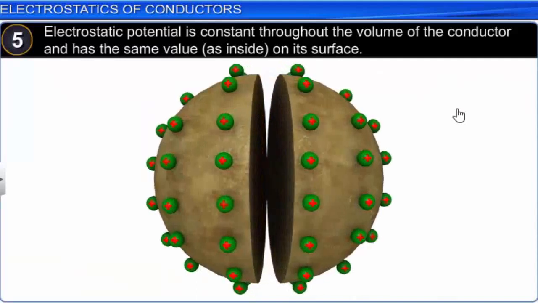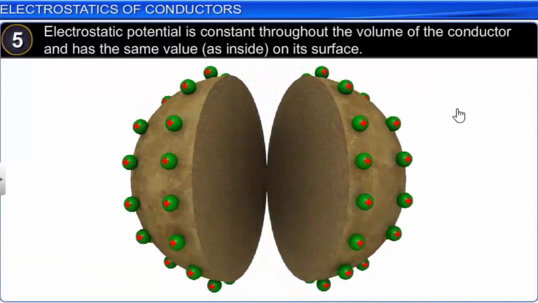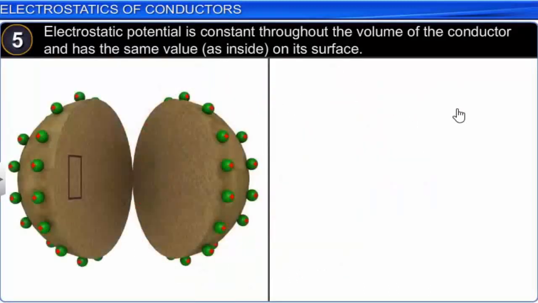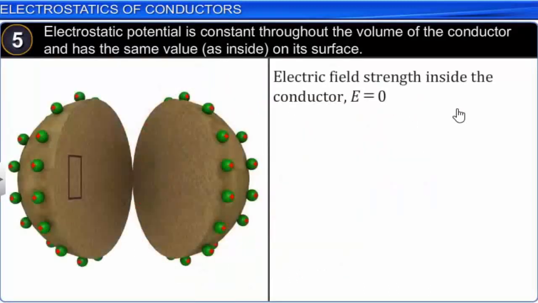Five. Electrostatic potential is constant throughout the volume of the conductor and has the same value as inside on its surface. Inside the conductor, the electric field strength E is equal to 0.